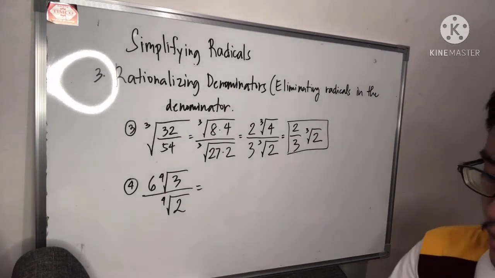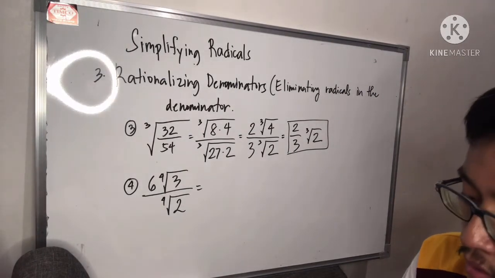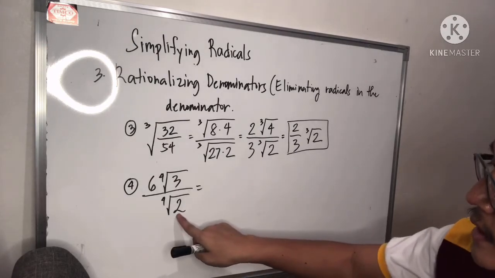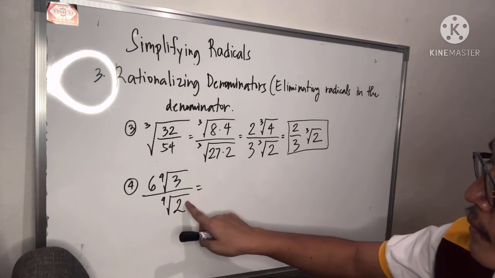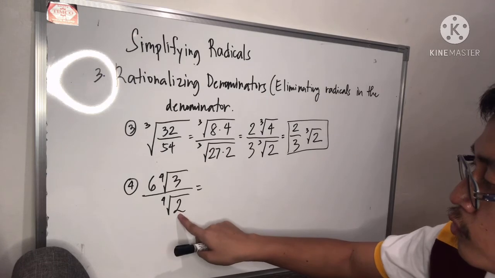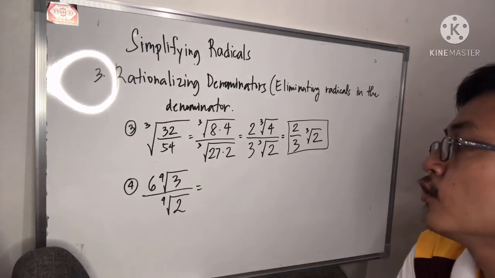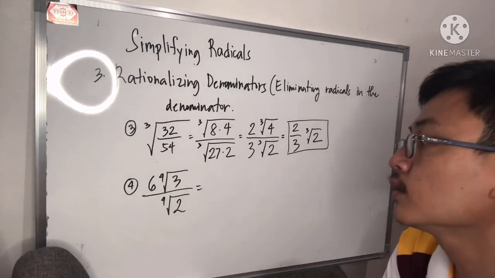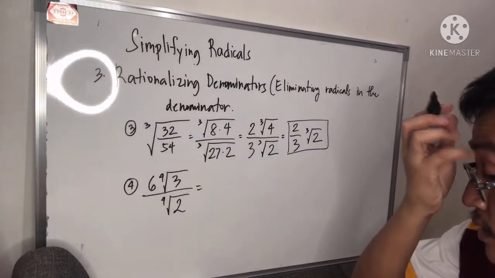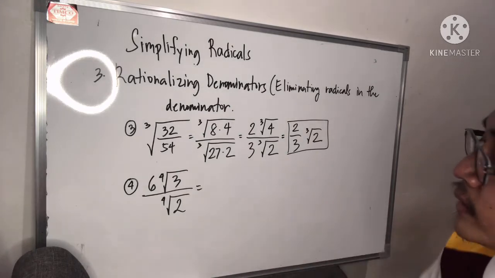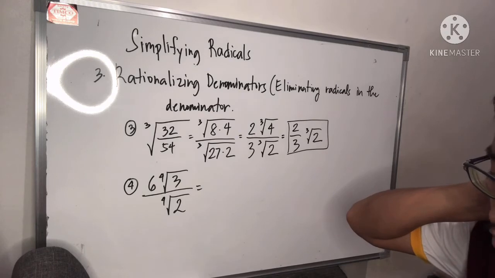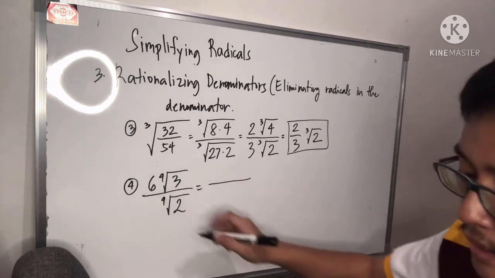Mag-isip tayo ngayon ng number na ang concern naman natin is yung sa denominator. Para pag tinimes natin sa 2 at pag kinuha natin yung 4th root nun, mawawala yung radical. So, by what number? The question there is by what number? So, pwede yan. Rewrite muna natin sa taas.